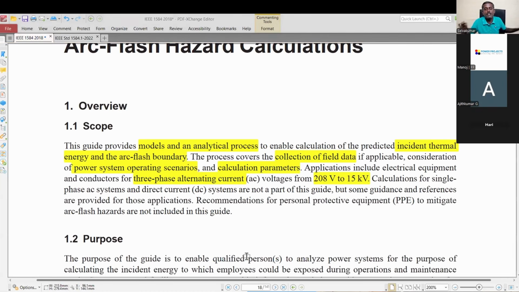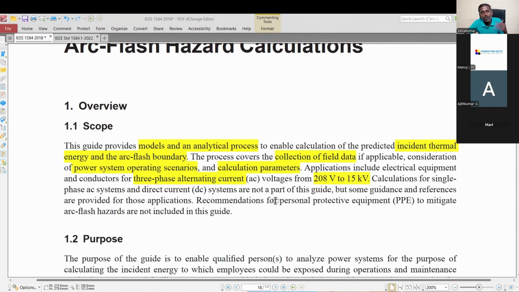Because many people think that more than 15 kV arc flash is not needed. It is not so. The standard is applicable only from 208 volt to 15 kV, three-phase AC system. The standard is not applicable for DC. The standard is not applicable for single phase, but still you need to perform this arc flash study wherever it is needed.